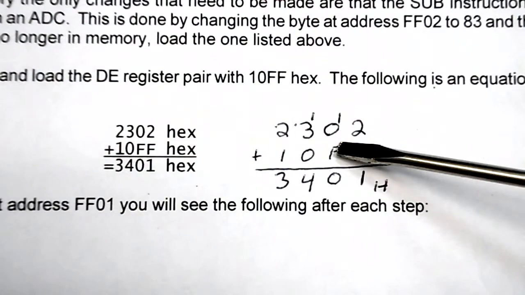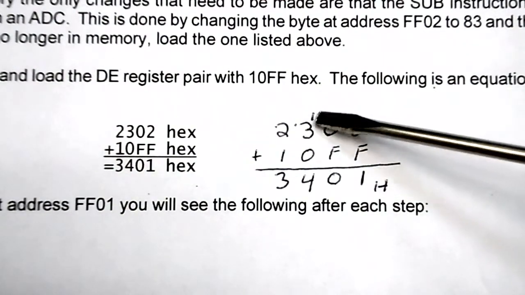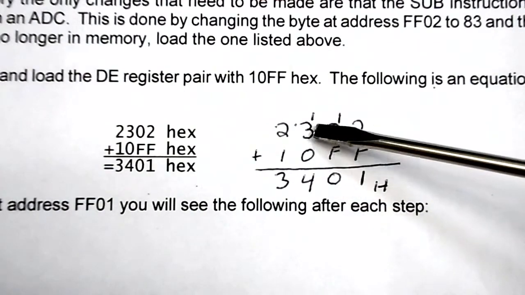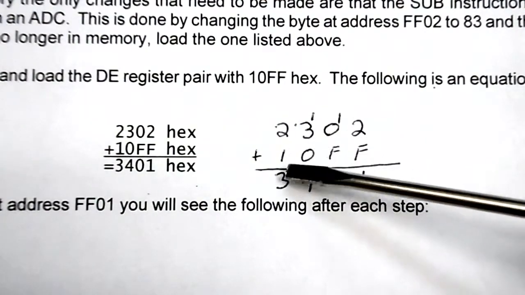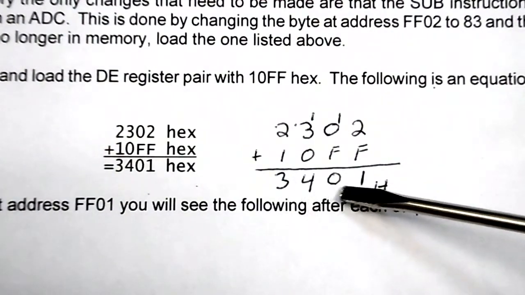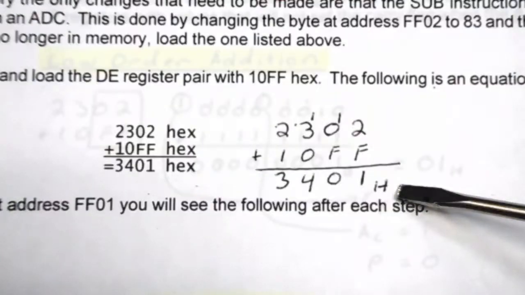F is 15 plus 1 is 16, so that carry bit goes over to the next column, and we end up with a 0. And then we end up with 3 plus 0 plus the carry bit is 4, and then 2 plus 1 is 3. So our answer ends up being 3401 in the hexadecimal numbering system.